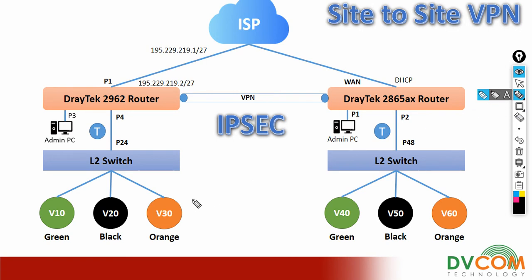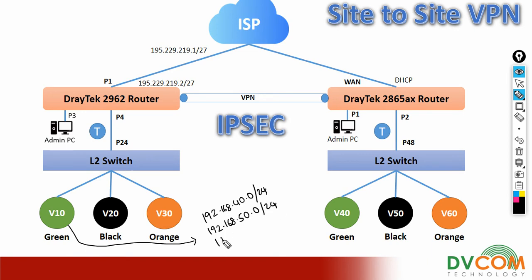After the VPN tunnel is established, the people who are sitting in VLAN 10 can talk to the 192.168.40.0 network on the other side, as well as 192.168.50.0/24 and 192.168.60.0/24. So from head office they can talk to all these three networks in the branch side.